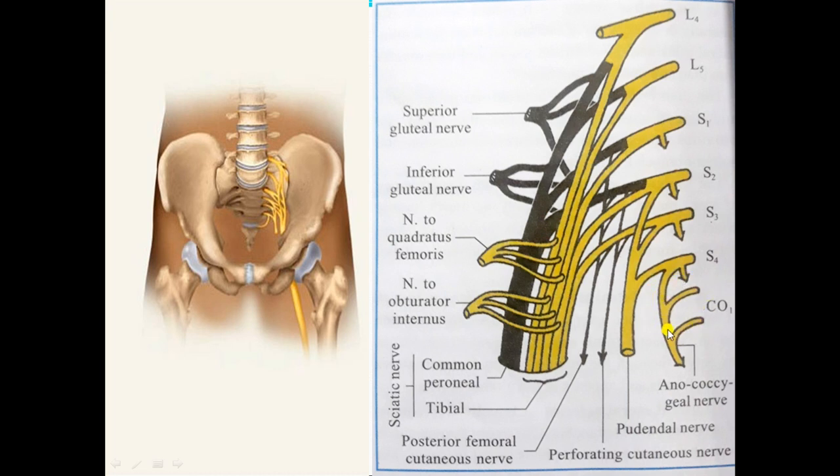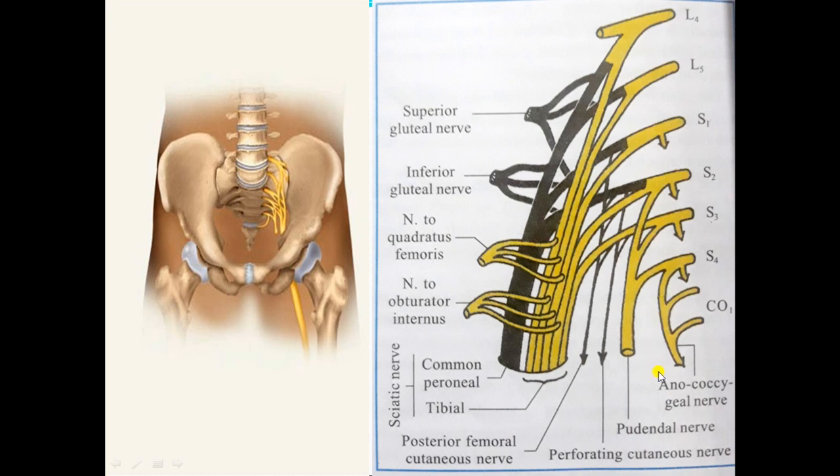This coccygeal plexus passes downwards, pierces the coccygeus muscle and continues as the anococcygeal nerve. This anococcygeal nerve pierces the sacrotuberous ligament, and next passes towards the tip of the coccyx, and there it supplies the skin at the tip of the coccyx. So this is about the coccygeal plexus.